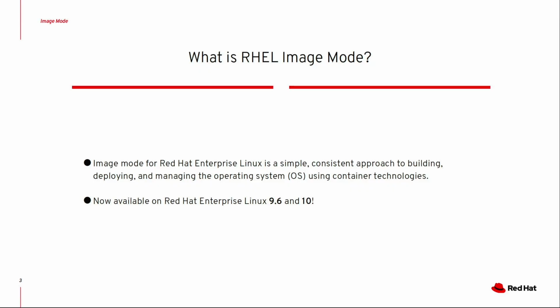We call those container files now, which is kind of a little recipe to build your container. This is the same concept, but you're now including the operating system, creating this image. You can throw it on a bare metal or a virtual machine, and it's going to have the intelligence to boot that container during the boot process and run your OS like a container.